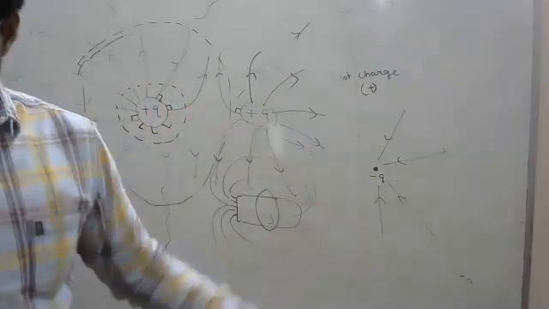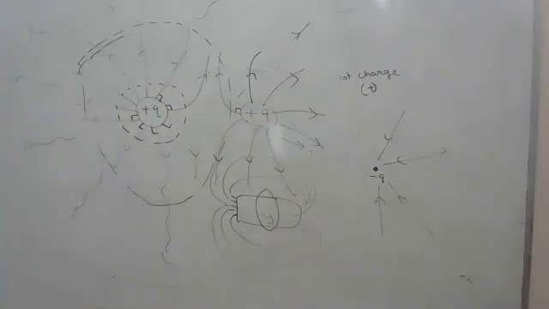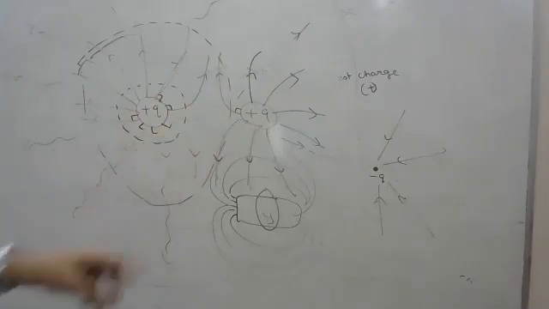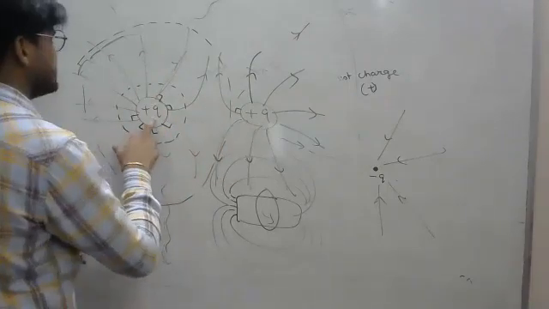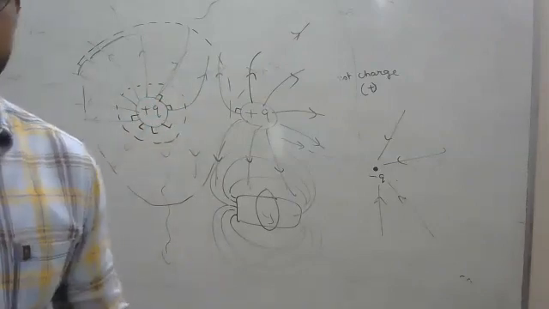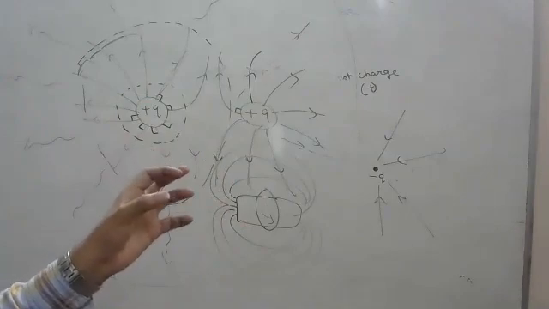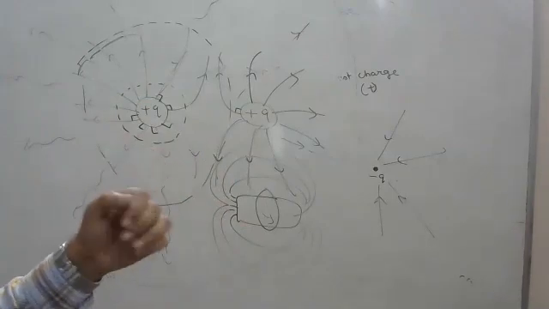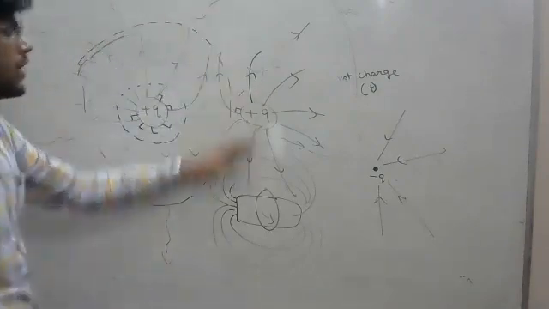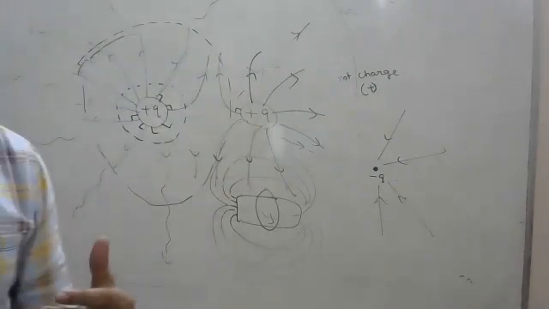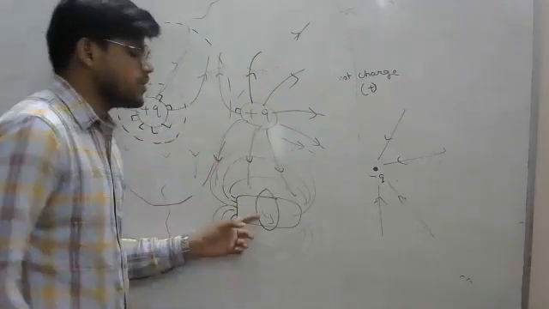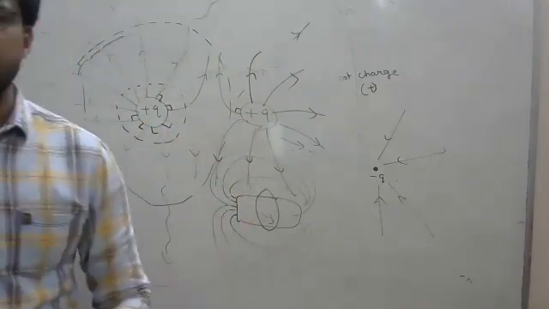Here there is no center, but you can understand the points where the electric field lines are close. The point where the electric field lines are close will be considered a strong electric field area. As you move away, the field lines are away from each other, therefore it will be weak.